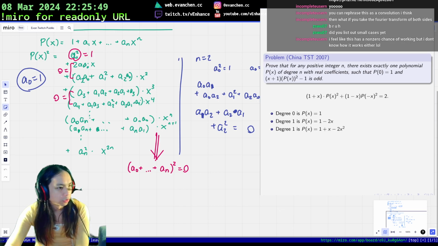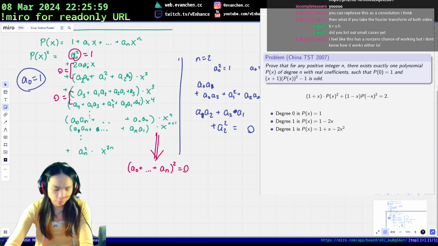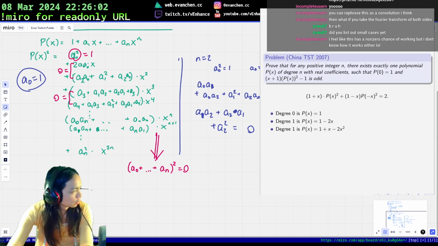I think for degree 2 it should be this, right? Let me just double check that. Yeah, that should be correct. Which does factor, which is probably good to know, even though I don't actually know what role the factorization is going to play yet. If any. It's possible the factorization doesn't play any role.